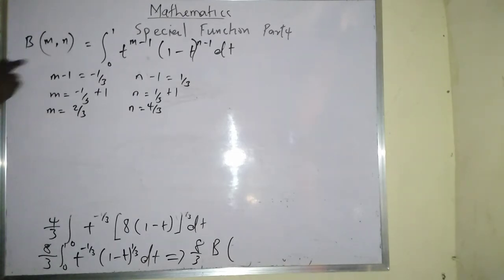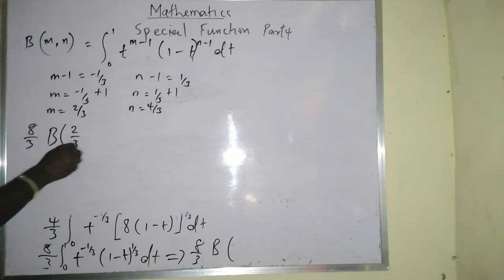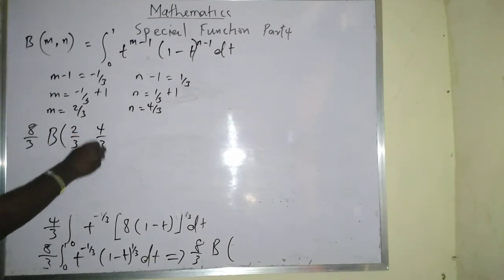I can now move on to my beta function. My beta function of this and this will be equal to 8 all over 3 beta of 2 all over 3 and 4 all over 3.